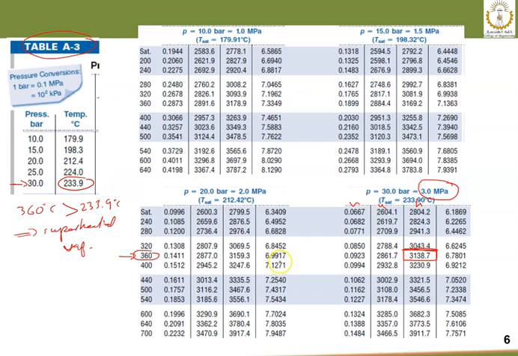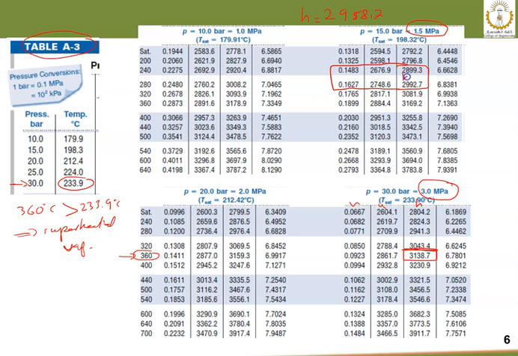Okay, so we go to the superheated table of 1.5 megapascal, and we look for the value of h equals 2958.7. Here we look at 2958, it will be between these two values, 2899 and 2999. We need the specific volume, which is this one.